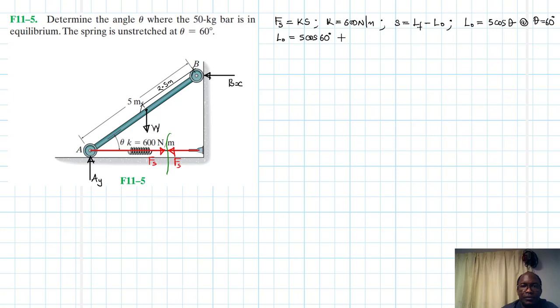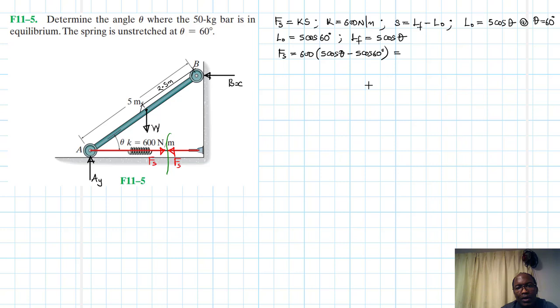And then L final, we don't know what it is, so just write it as 5 cos theta. Therefore Fs, we can simply write as equal to K, which is 600, times L final, which is 5 cos theta minus 5 cos 60.